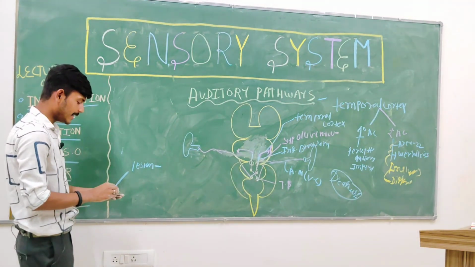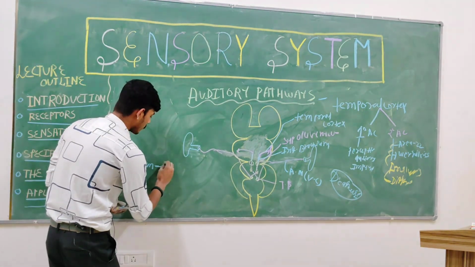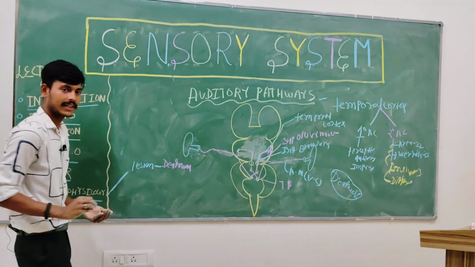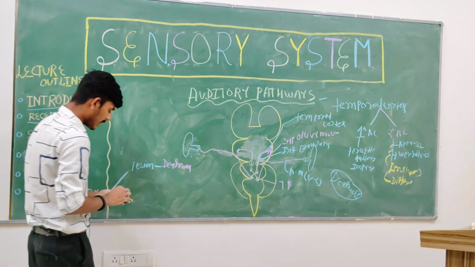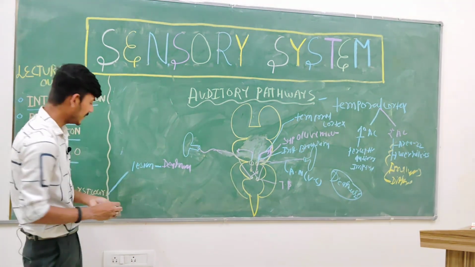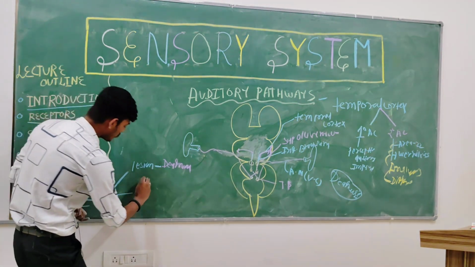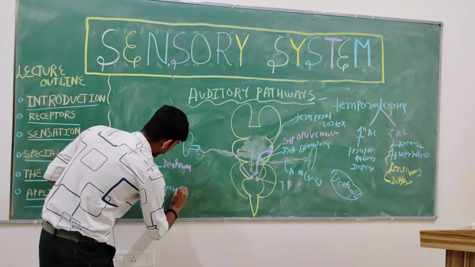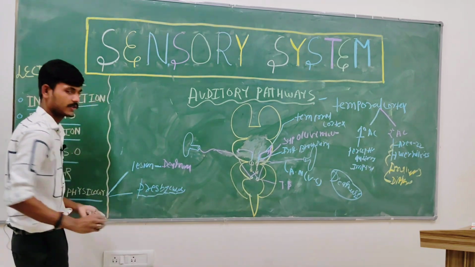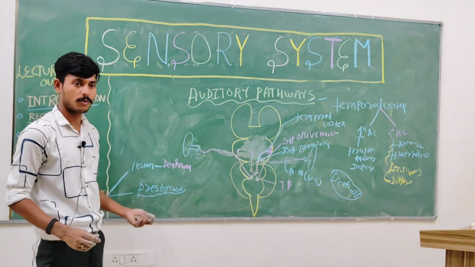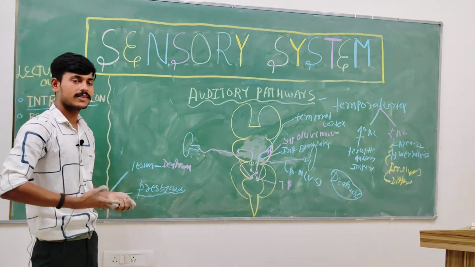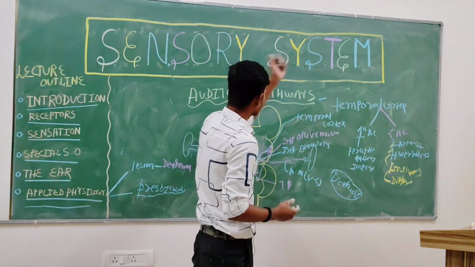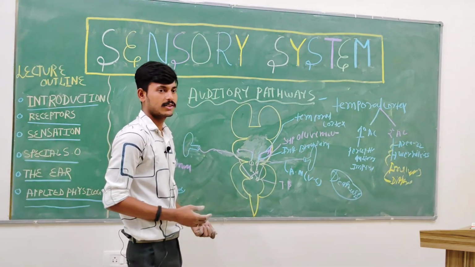And sometimes the hair cells degenerate, and that condition is called presbycusis. This is basically an age related problem where the person gradually loses hearing capability. So this is your auditory pathway.